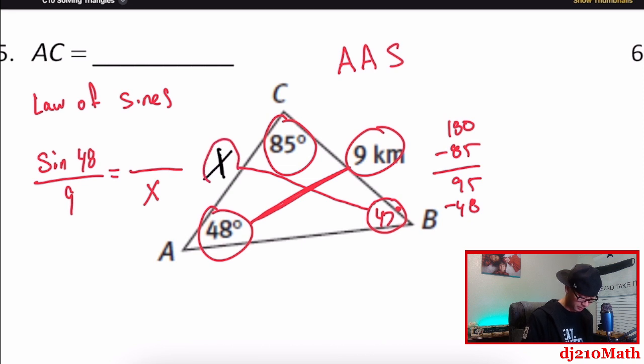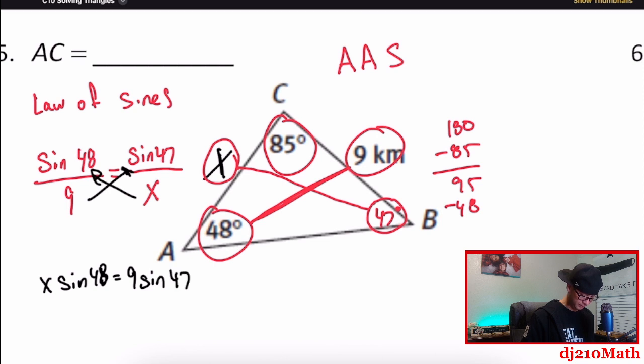So sine 47. Now we cross multiply and divide. We're going to get x times sine 48 is equal to 9 sine 47.